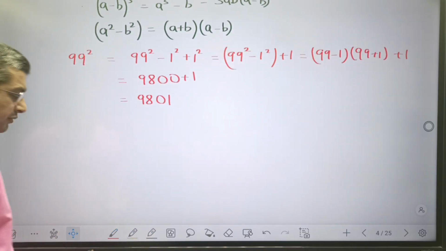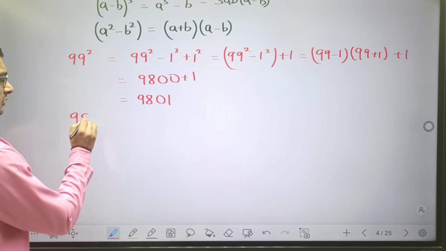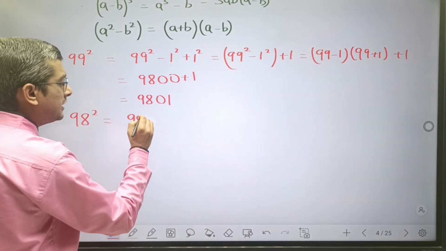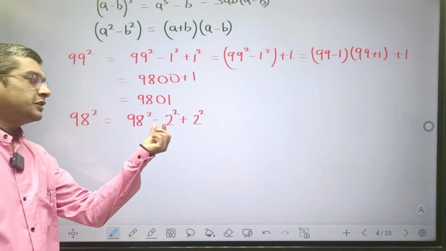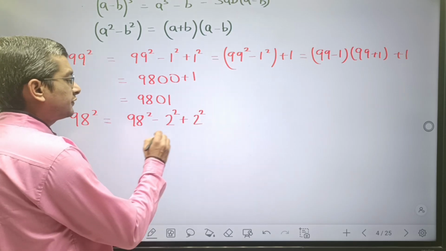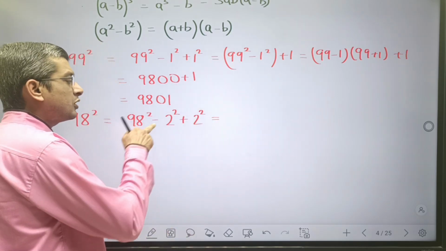Let us have some more examples so that the procedure will be very clear to you. 98 square. So this can be written as 98 square minus 2 square plus 2 square so that the expression remains unchanged. Now observe this 98 square minus 2 square. This can be used as the formula a square minus b square.